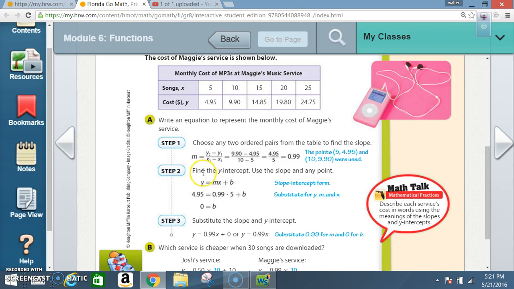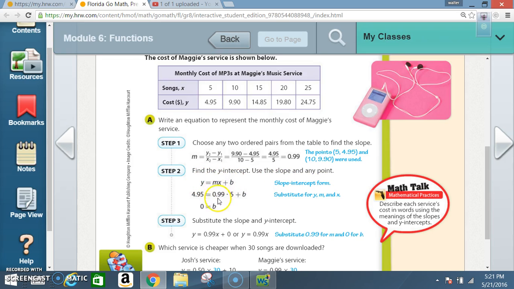Step 2, find the y-intercept. Use the slope, which we just found, and any point. We just found the slope as being 0.99. So we're going to use the slope-intercept formula, y equals mx plus b.